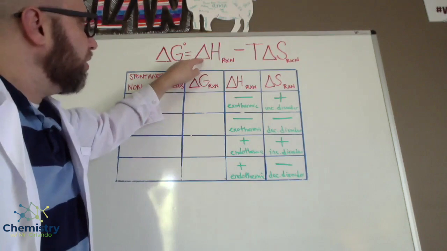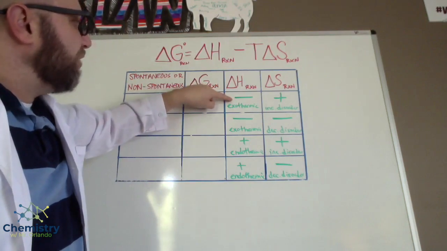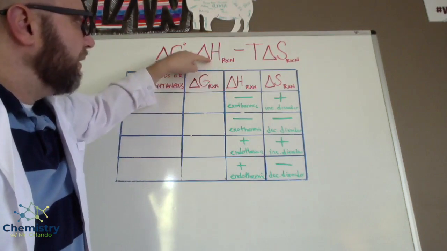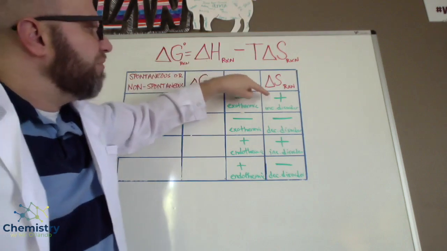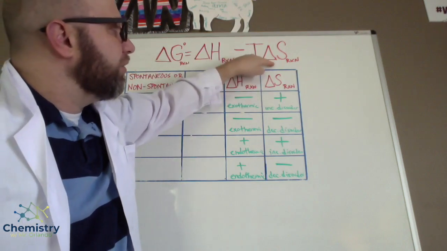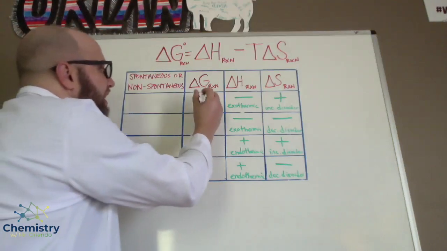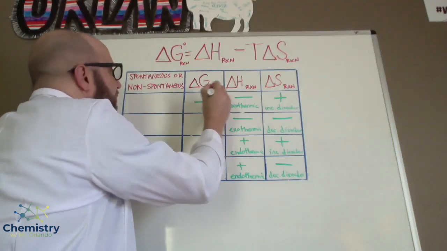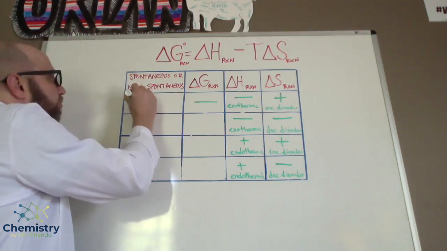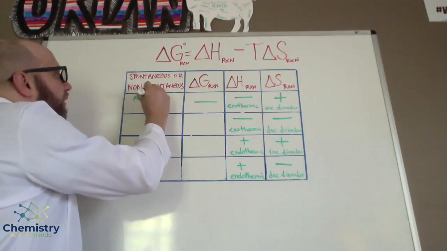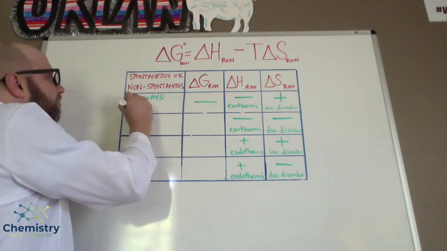All right, let's take a look at the combinations of these two. So according to our equation up here, if you have a reaction that is exothermic, meaning this part is negative, and you have an increase in disorder, meaning this part is positive, the result is that delta G is going to be negative 100% of the time. So what we're going to write in this box is always spontaneous.